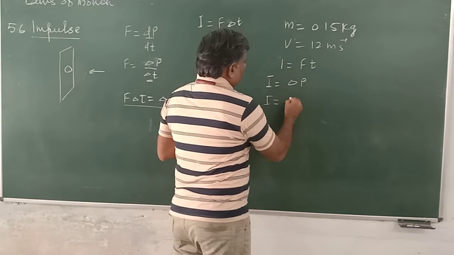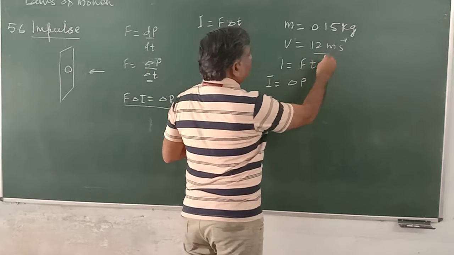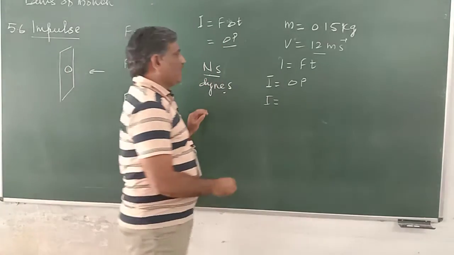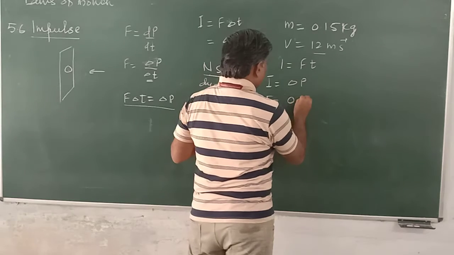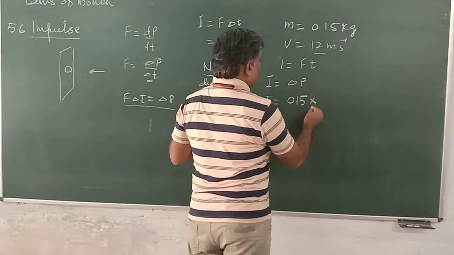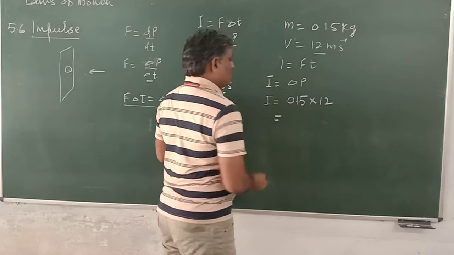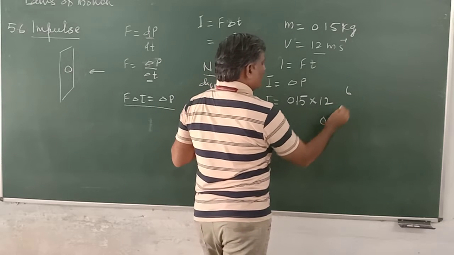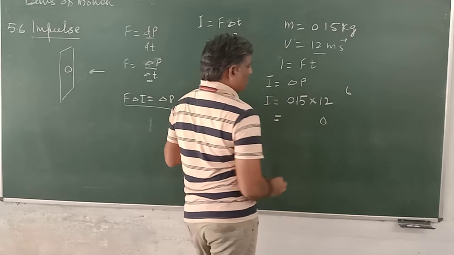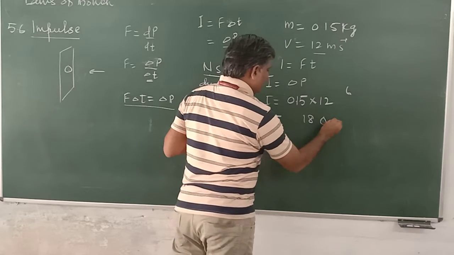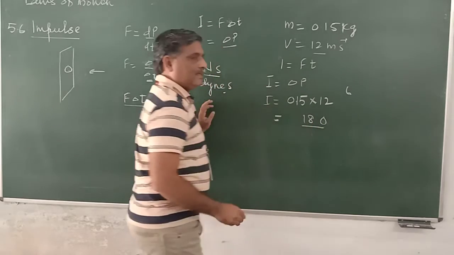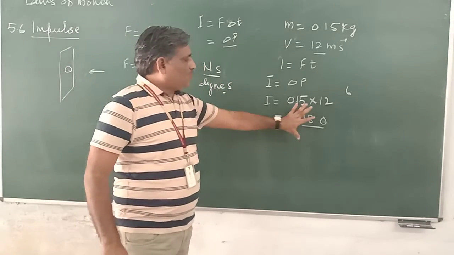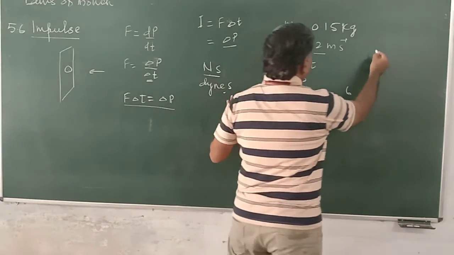Impulse is equal to m into the change in velocity, since the ball is deflected back towards the bowler. That is 0.15 into 12, which becomes 1.8. This is the impulse when the ball is hitting the batsman.